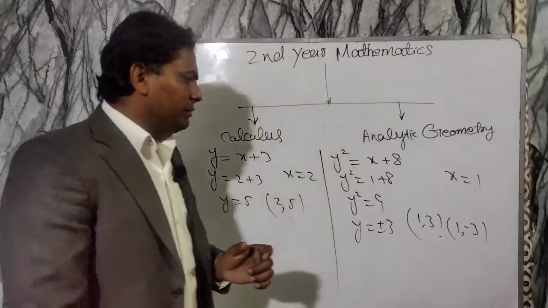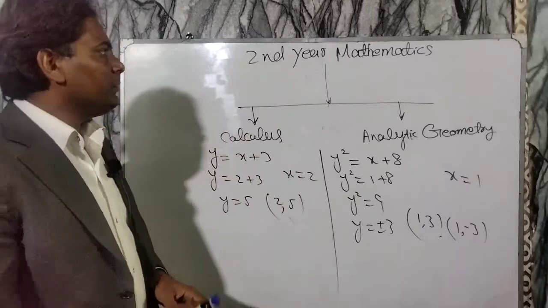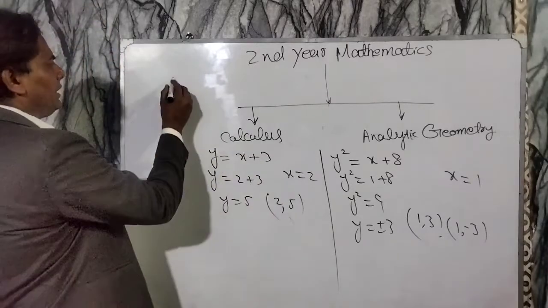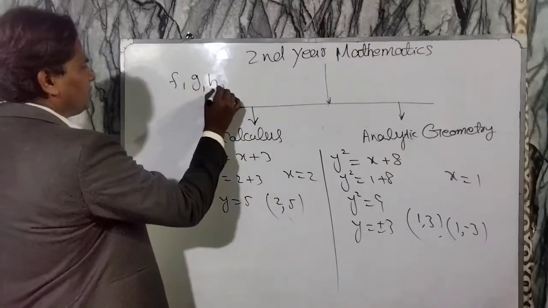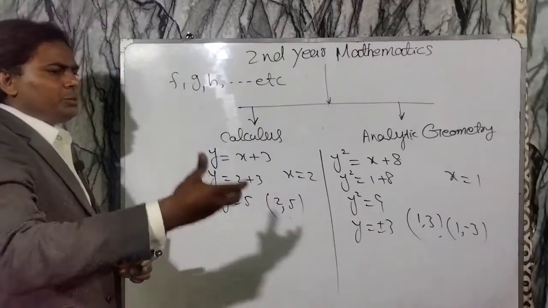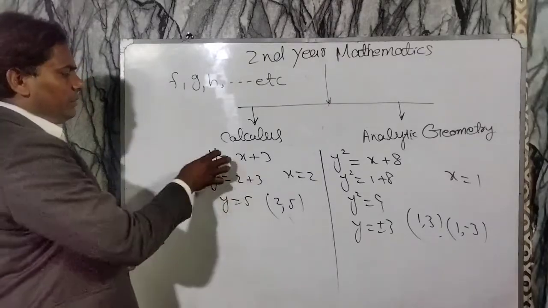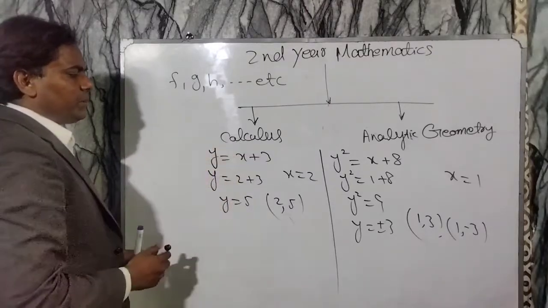Now come to the next point. How do we denote a function? A function is denoted by f, g, h, etc. How do we represent the function in mathematical form?